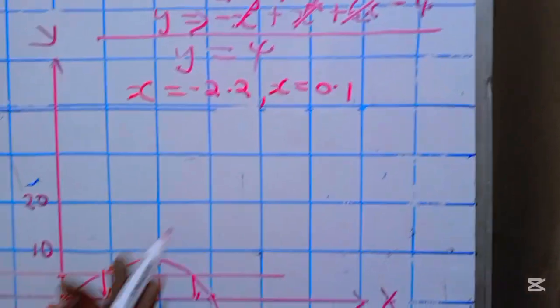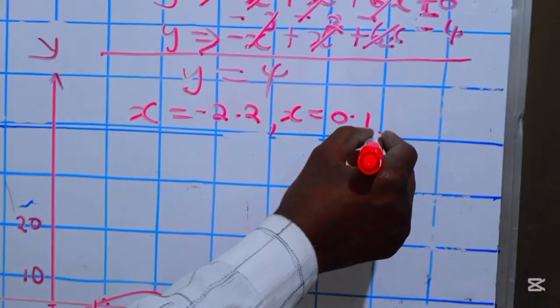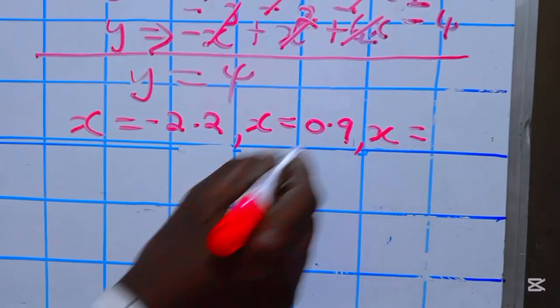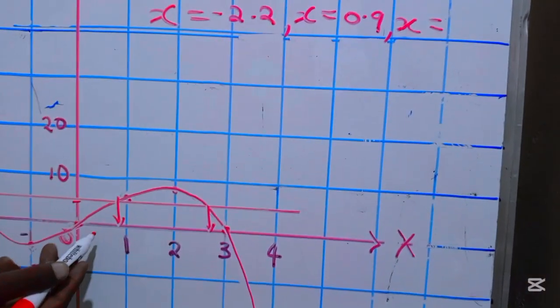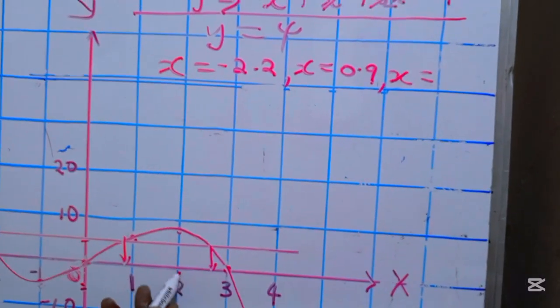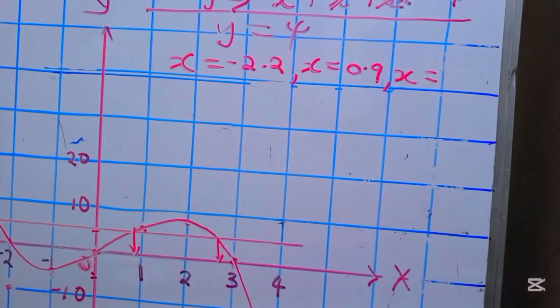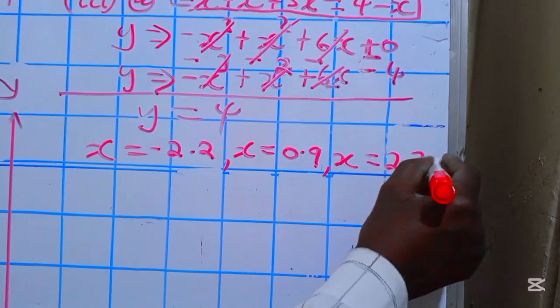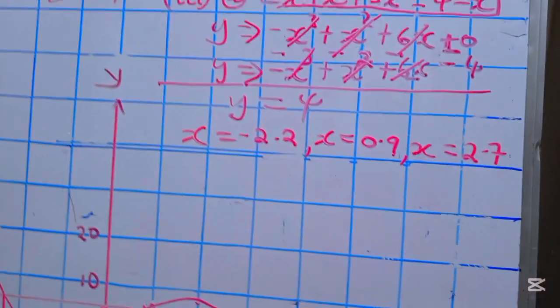Approximately somewhere there. Another value of x, we are going to say, let's say this is 2.7, this is positive 2.7. So ladies and gentlemen, these are the three values of x using the graph.